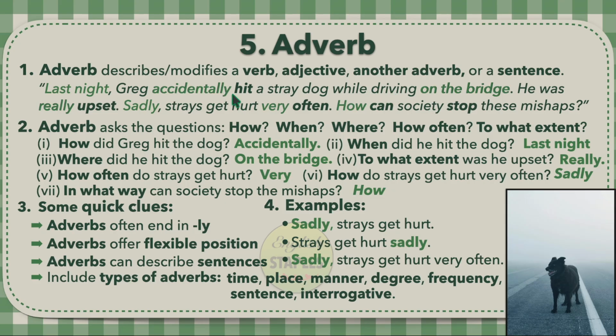But this sentence is actually saying that Greg accidentally hit a stray dog while he was driving. That's what is implied here. While he was driving, which is a verb. This phrase is modifying driving. See that?